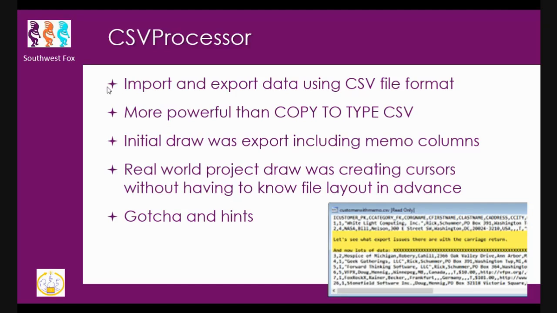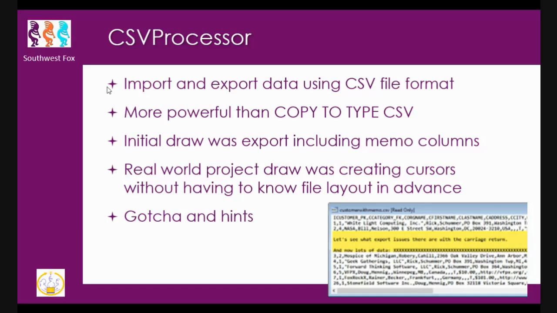Now, exporting memos with carriage returns, line feeds, and the tab character can wreak havoc on your exported CSV file, correct? How many people have run into erroneous carriage returns just hanging out in the middle of a CSV file, just to make your day?